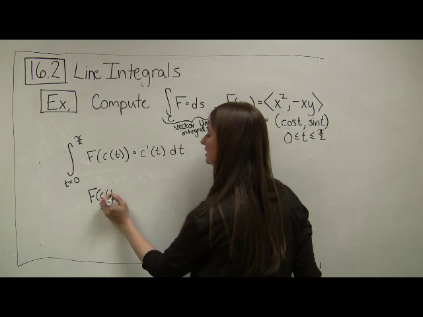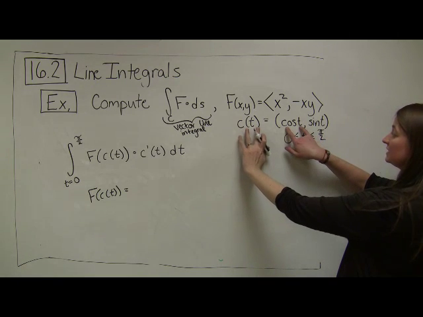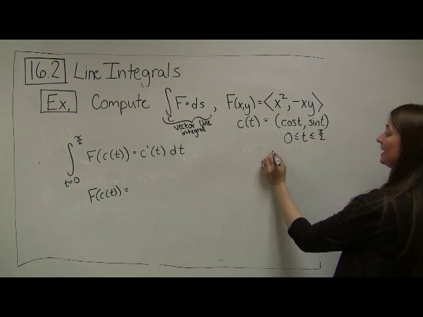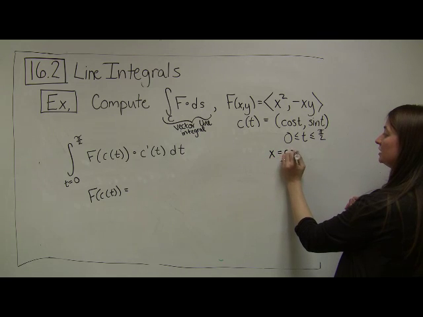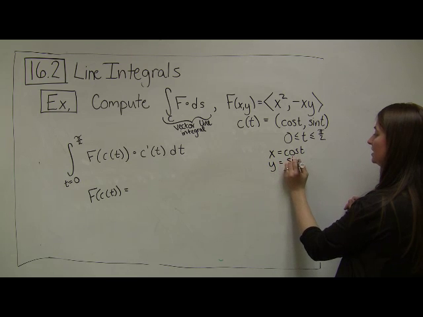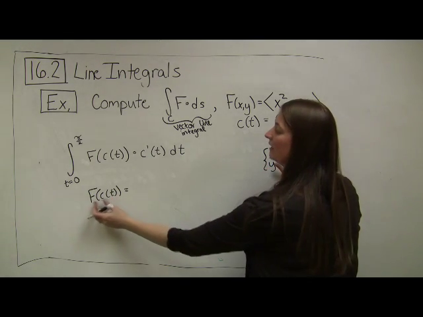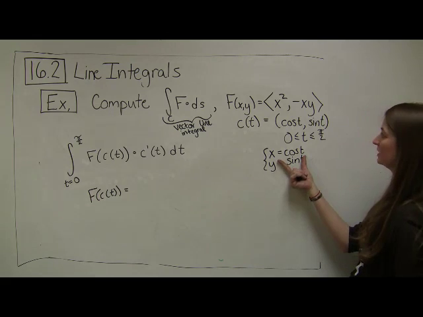F of c of t, I'm going to plug in the fact that c of t is given by this function, so that means that my x components are equal to the cosine of t, and my y components are equal to the sine of t. So I'm using my path function to tell me what my F evaluated at this c of t is going to be.